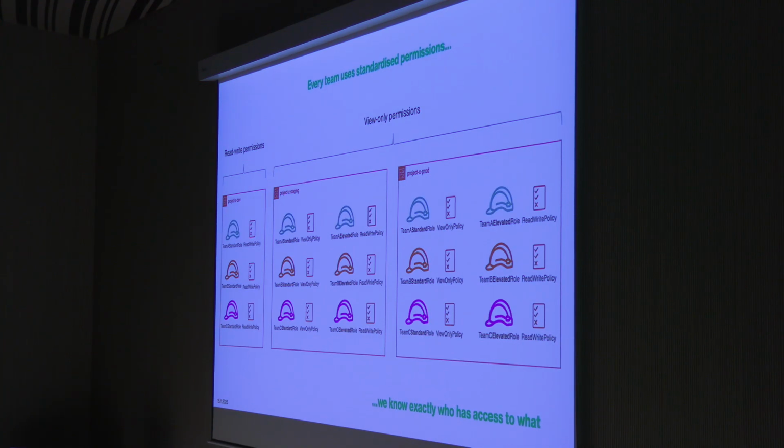Once we standardize this permission model, it's much easier to understand and to get a bigger picture of who has access where. In the development environment, we probably want to grant our engineers more relaxed, more permissive access. We want to make sure they can develop, experiment, and innovate.